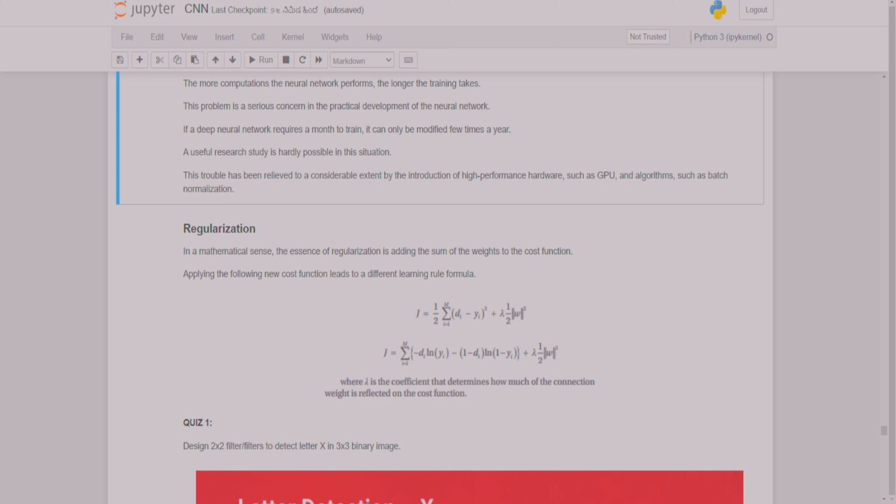So let me make the points clear here, what you are supposed to do. Let me assume that we have an image. They have mentioned that the image is of size 3 by 3, and they are writing an X over there. You want to detect the X wherever we have one.